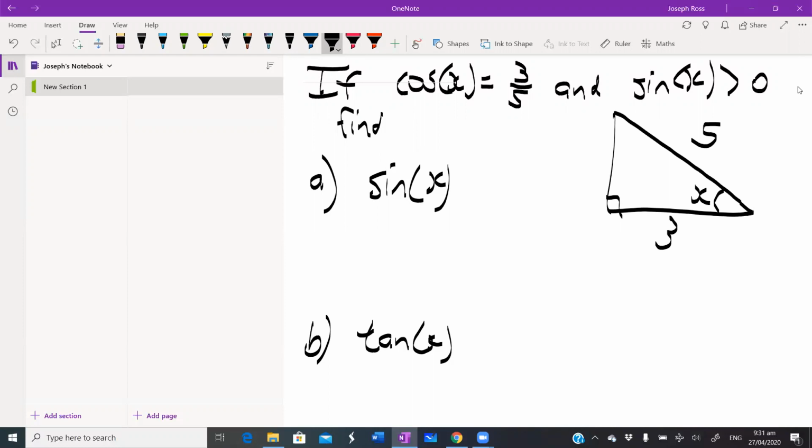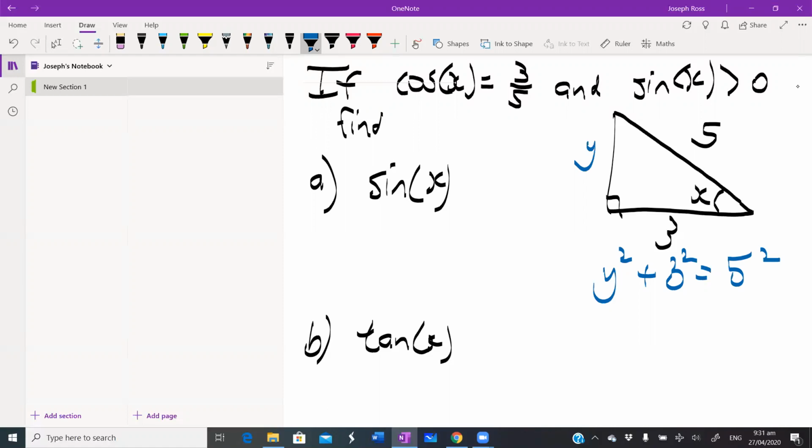So we need to start by finding the remaining side, which we'll call y. Now, Pythagoras' theorem, a squared equals b squared plus c squared, tells us that y squared plus 3 squared is equal to 5 squared.